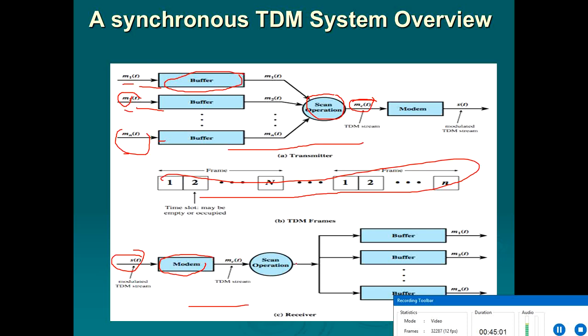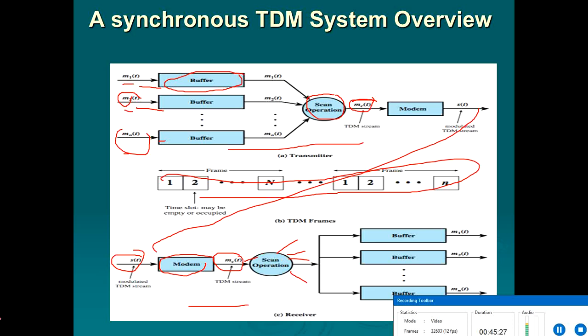So at the receiver end, the opposite operation is performed. This signal is received and sent to the modem. It will result in the combined data stream, and then it will scan this combined data stream and generate the individual signals, send them to their respective buffers, and then the individual signals will be retrieved and sent onward.